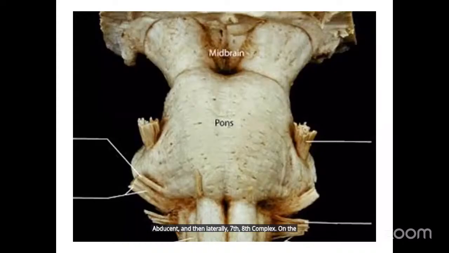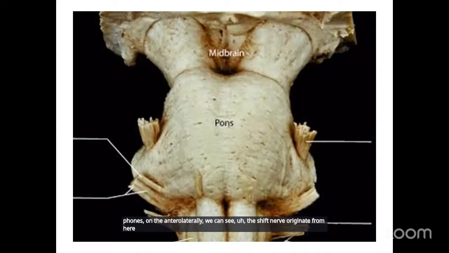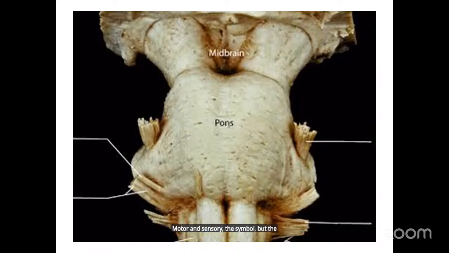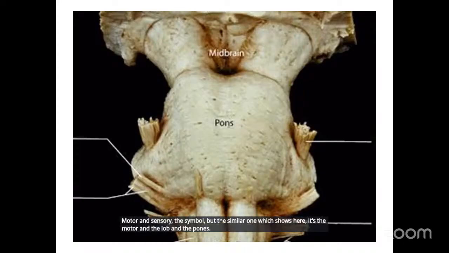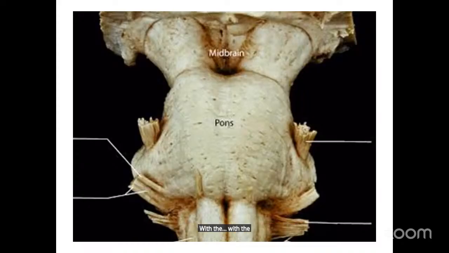On the middle side of the pons, anterolaterally, we can see the fifth nerve originate. It has two parts, motor and sensory. The smaller one is the motor, and the large one is the sensory. Above, on the upper side, the pons is connected with the midbrain, with a sulcus between the pons and the midbrain.